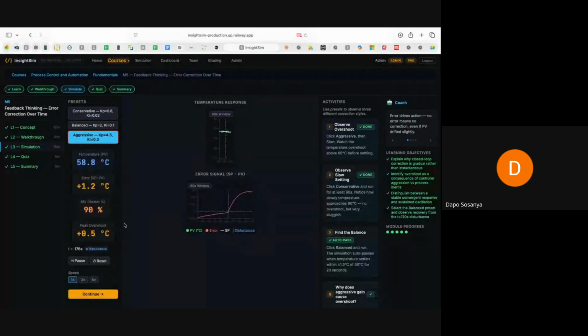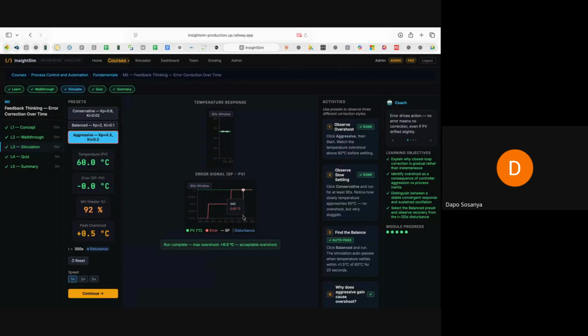So MV is 92, right? At 92%, we attain 0.0 degrees Celsius. Right, at 92% of MV, we attain stability essentially in the process, right, and then we have an overshoot of 0.5 degrees.